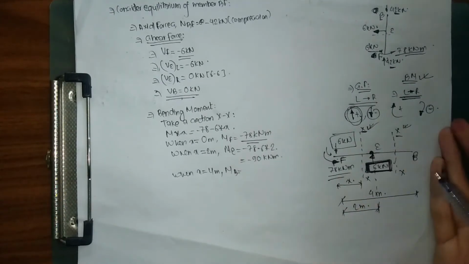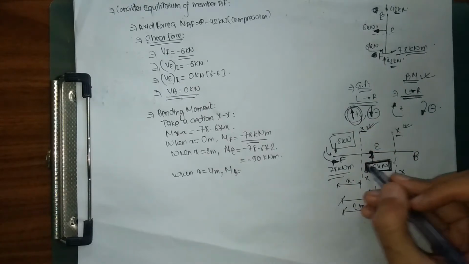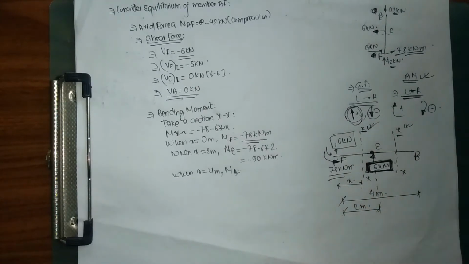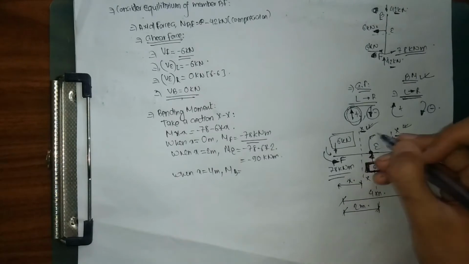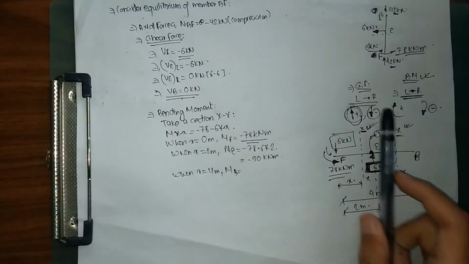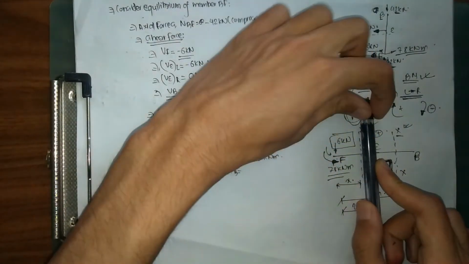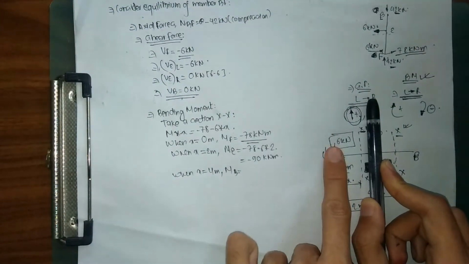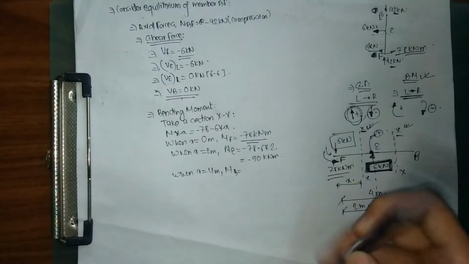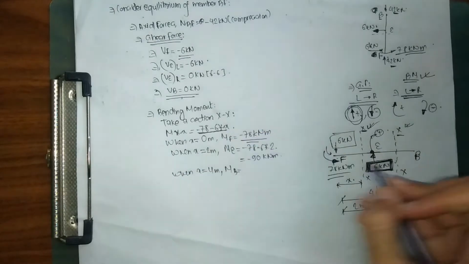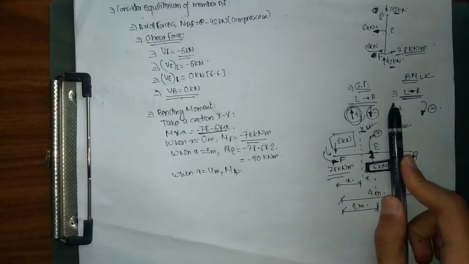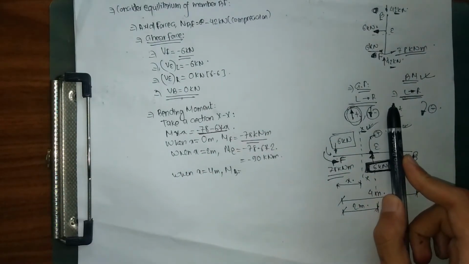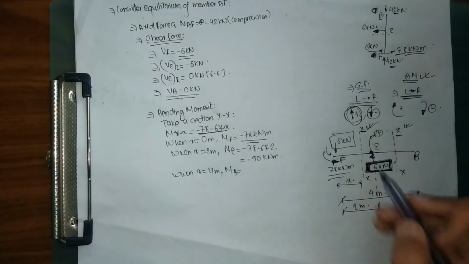But as I move right of E, this 6 kN is going to produce moment, and it is going to produce clockwise moment, which means positive. Up to this section there was no use of 6 kN, so for our moment we did not include it, but as we move right of E, the 6 kN is going to produce some moment. It is a clockwise moment, so we need to include this as well.